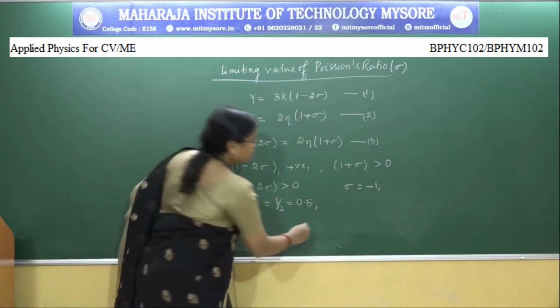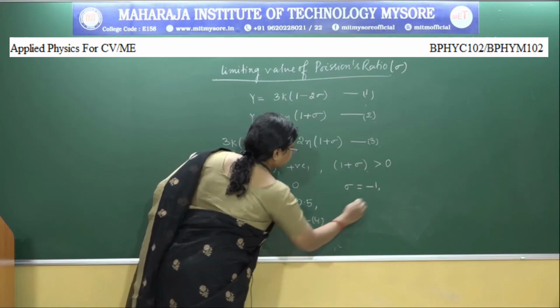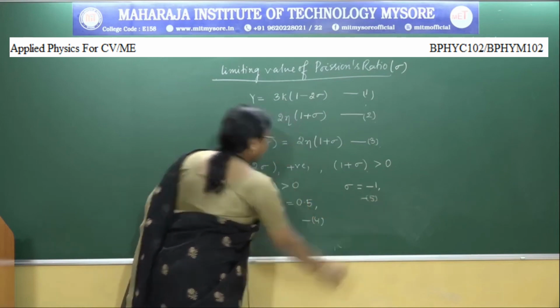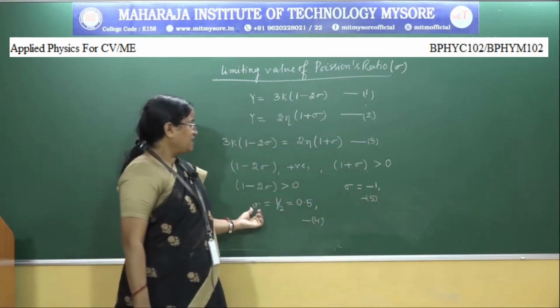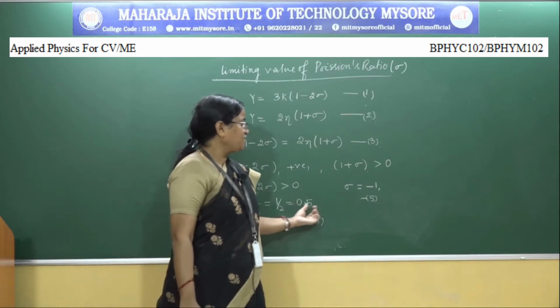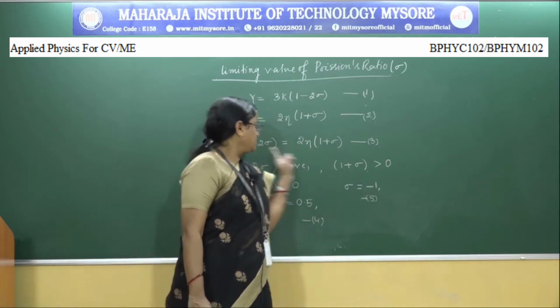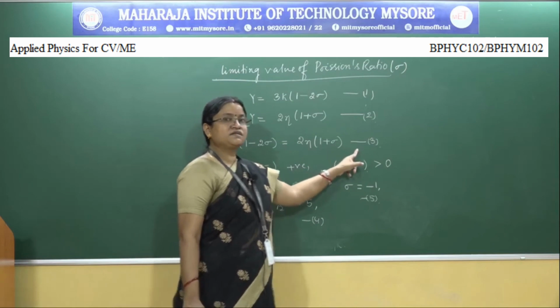So, from these two relations, sigma lies between 0.5 and minus 1 as per relation 3.